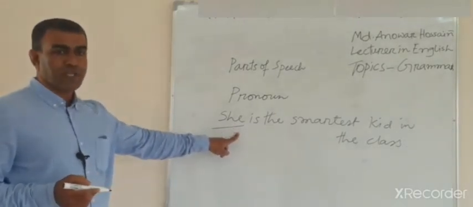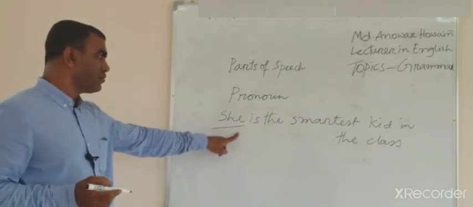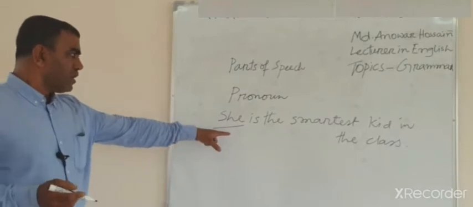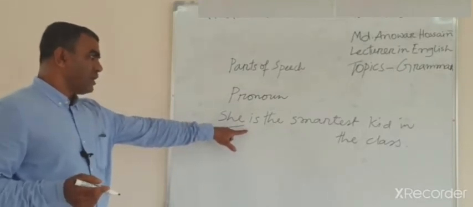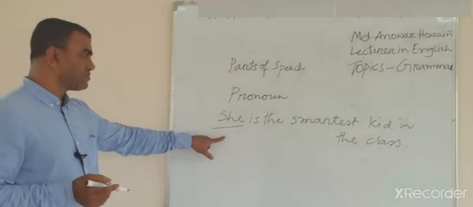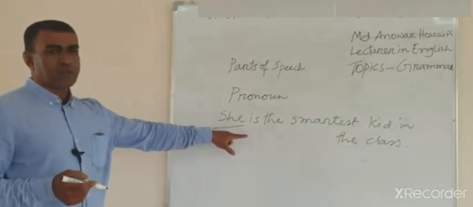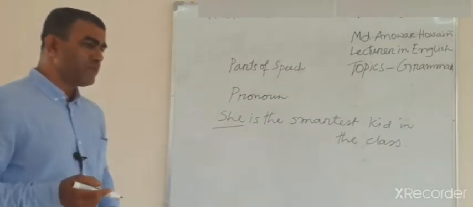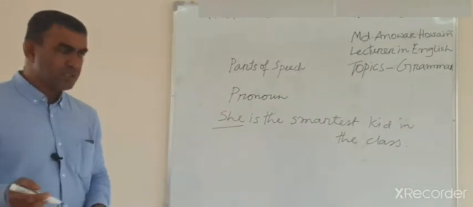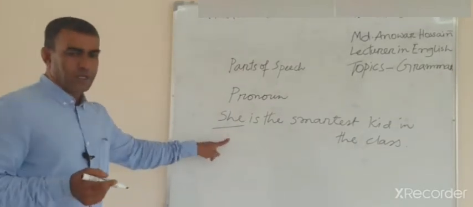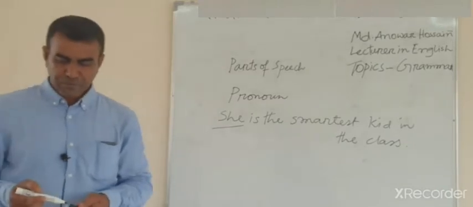She has a name, but here we did not mention a name. Every time it's impossible to mention anyone's name when you talk to each other. So in the first sentence or in the first place we can mention the name. For the following sentences we have to use the pronouns.